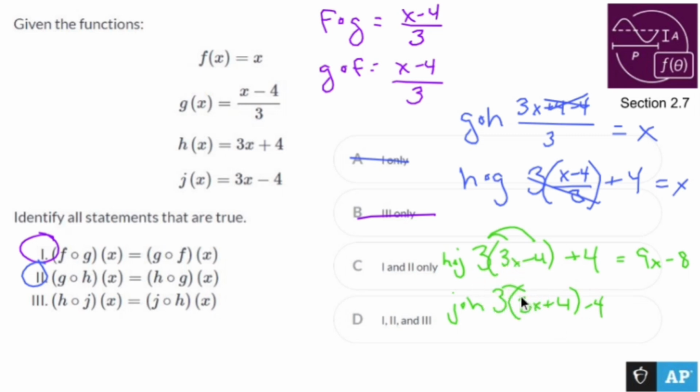So 9x plus 15, I'm sorry, plus 12 minus 4. Oh, we finally have one that doesn't match up. So you don't work, friend, and you're going to be my guy.